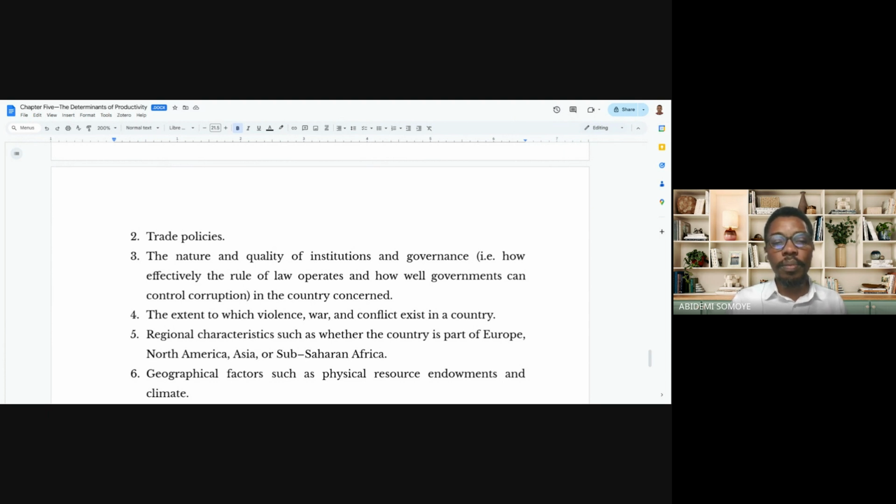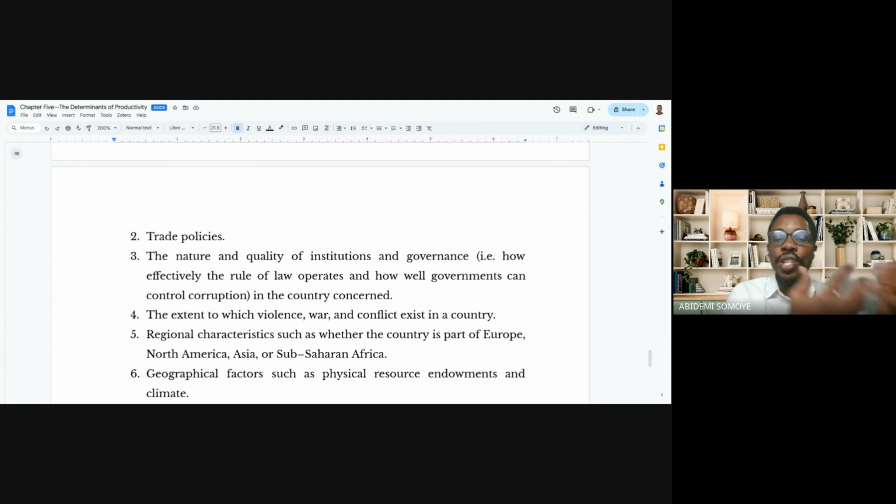So five, you have regional characteristics, such as whether the country is part of Europe, North America, Asia, or Sub-Saharan Africa. For example, I told my students, if you pick a developing country and put it in the midst of developed countries, do you think that developing country will become developed? Yes, it will, especially if it's at the center or among the developed countries.